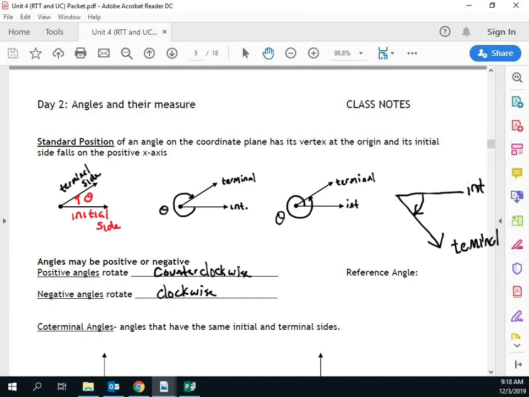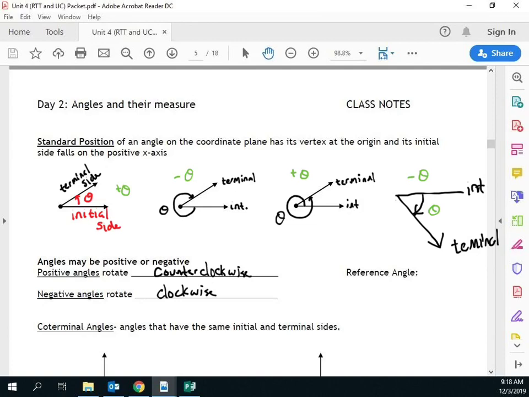Let's do a different color. Positive theta. Over here, we went clockwise with this, so this is going to be a negative theta. Here we went counterclockwise, so we start with the x-axis and went up and around, and so that ends up being a positive theta. And then finally, the last example I showed you guys ends up being negative. So it depends on where you're going around the circle whether it's going to be positive or negative.